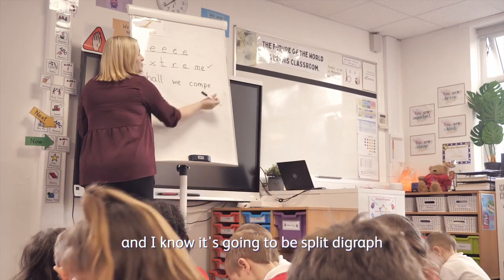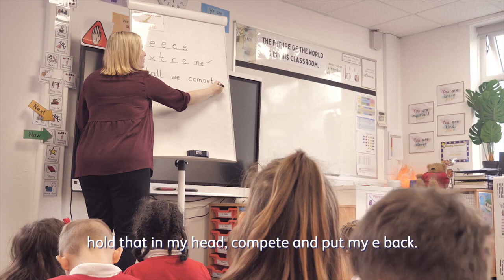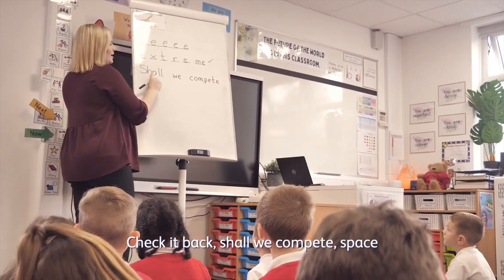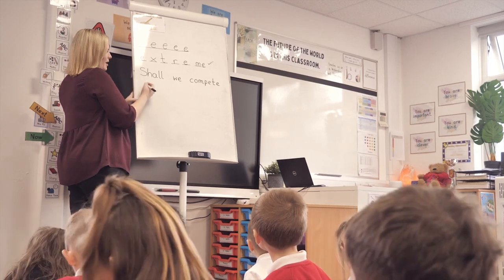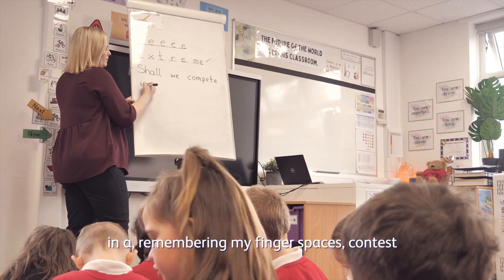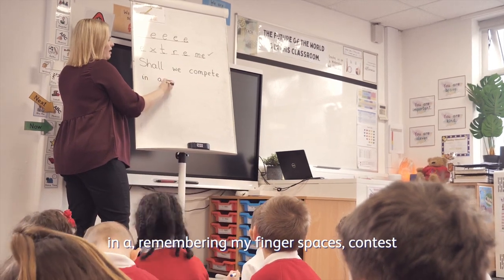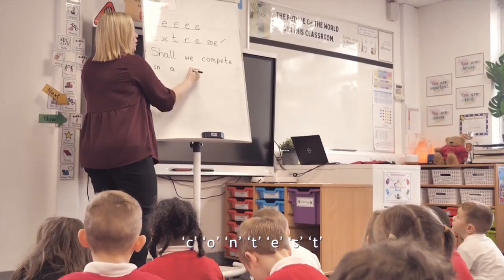E, and I know it's going to be split digraph. Hold that in my head. Compete. And put my E back. Check it back. Shall we compete? Got no more space there, so I need to come down here. Shall we compete in a, remembering my finger spaces, contest.